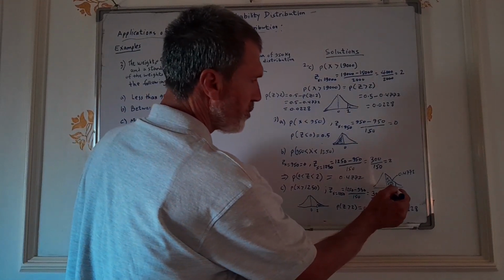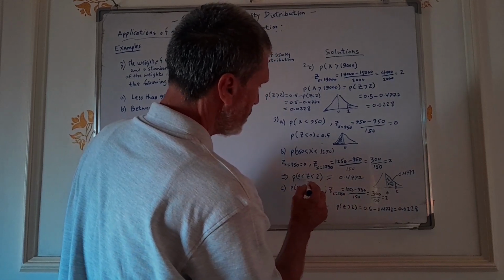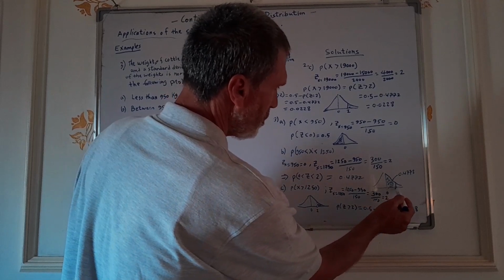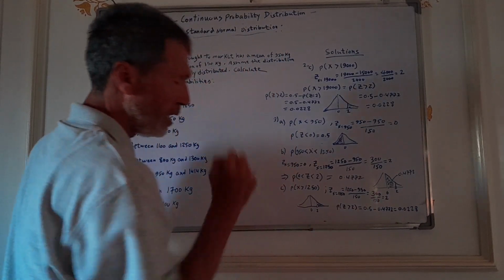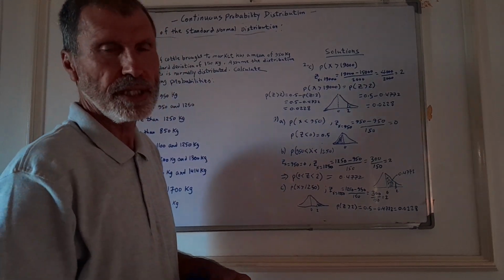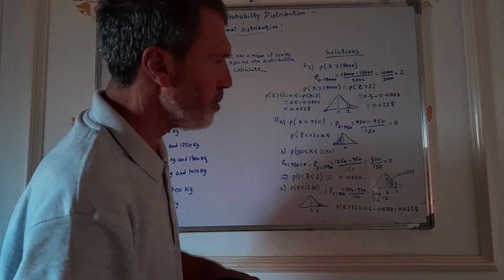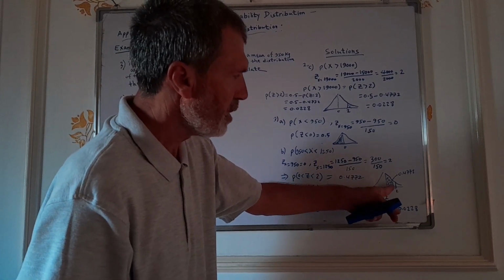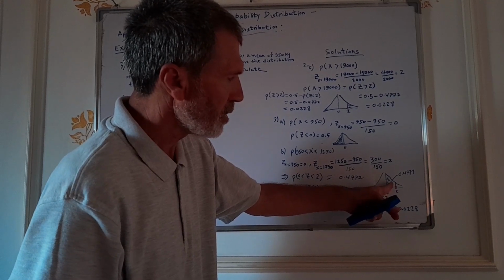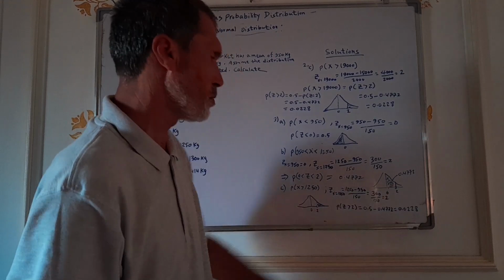The probability of Z between 0 and 2 is equal to 0.4772. Of course, you calculate that from the Z table, and you will find the probability 0.4772, which is the area underneath the curve here in the right-hand half between 0 and 2.